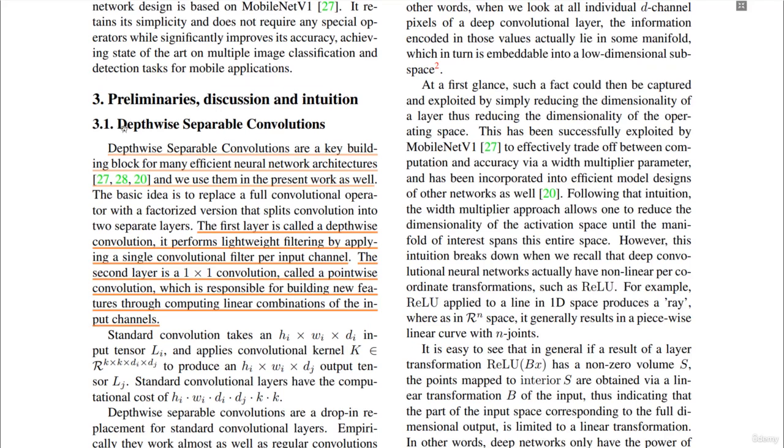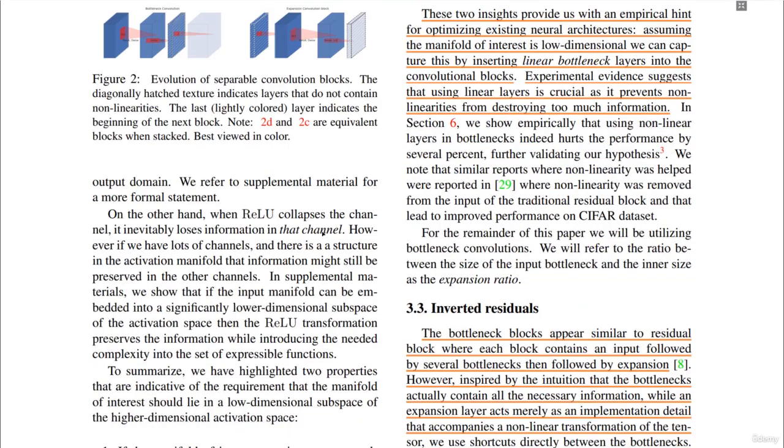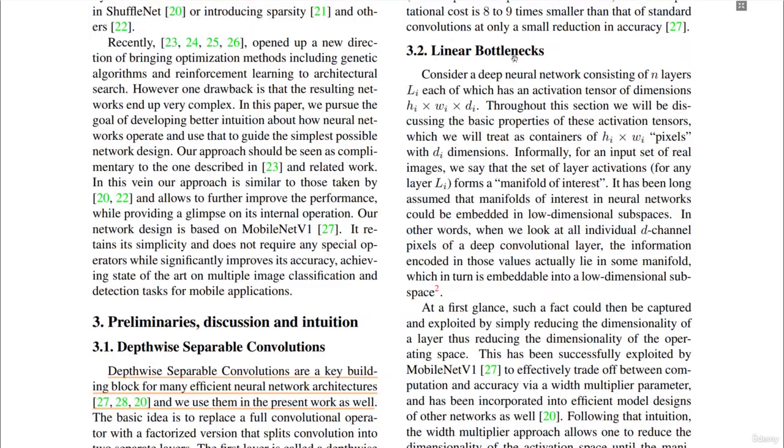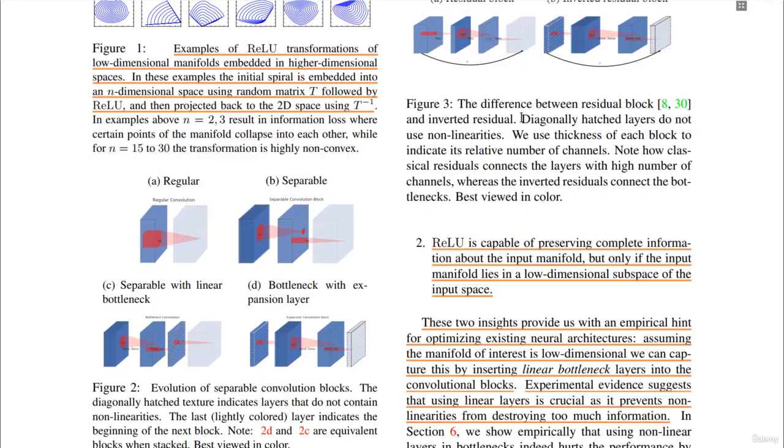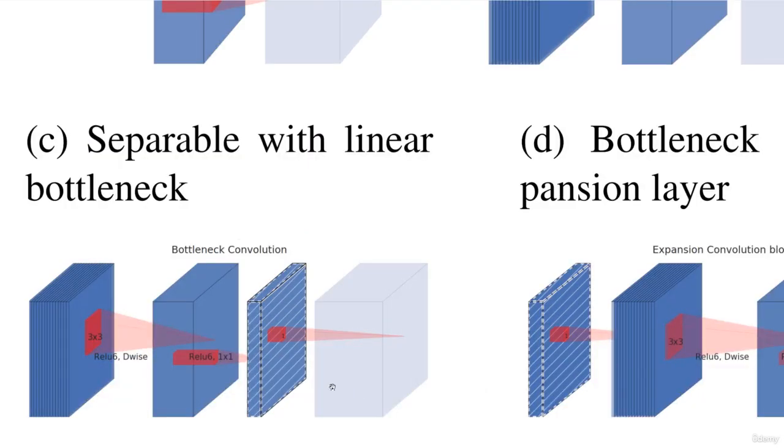From here we still have the depthwise separable convolutions which we had treated earlier, and in this paper they introduce two other concepts, that's the linear bottlenecks and the inverted residual networks. If we take a closer look at this depthwise separable convolution with linear bottleneck layer, we'll notice that we have this ReLU6 instead of the usual ReLU.